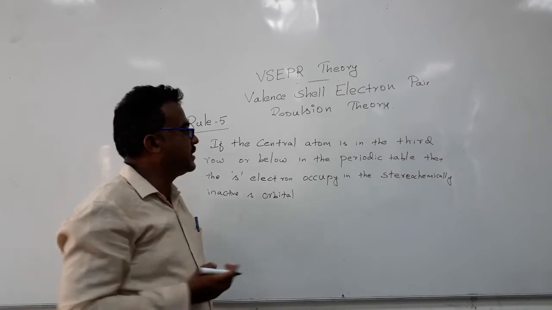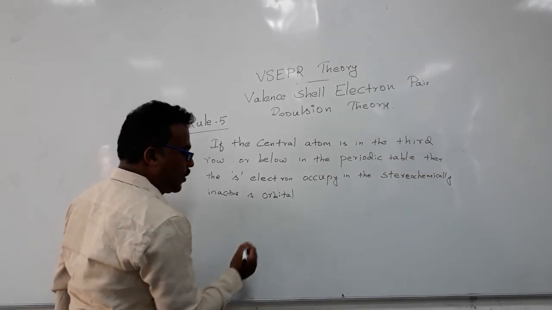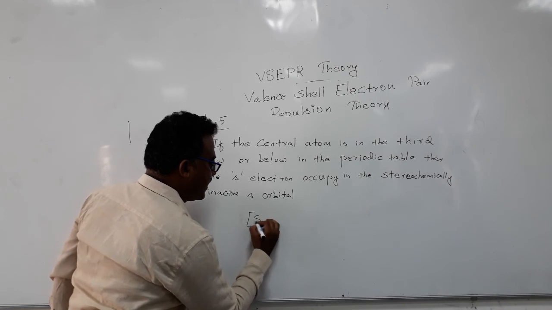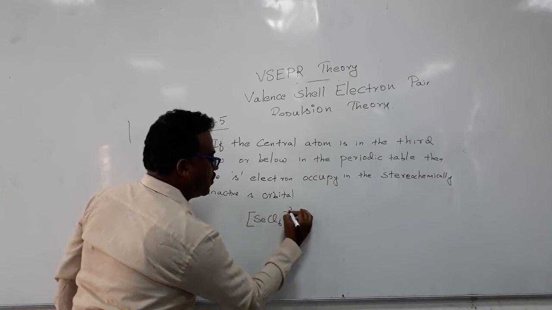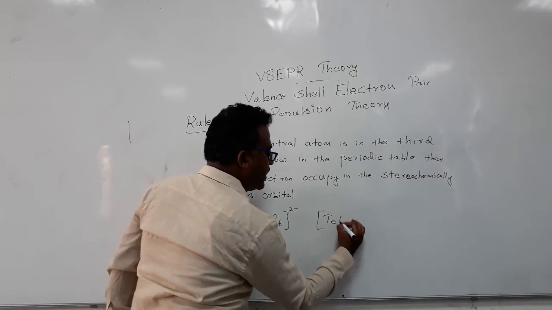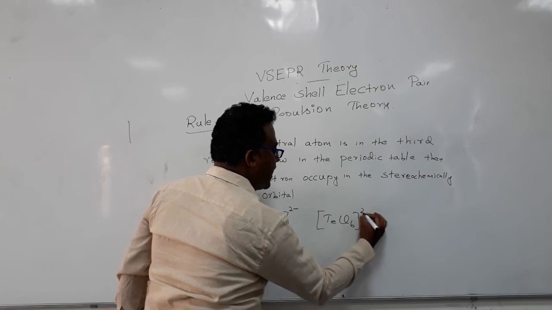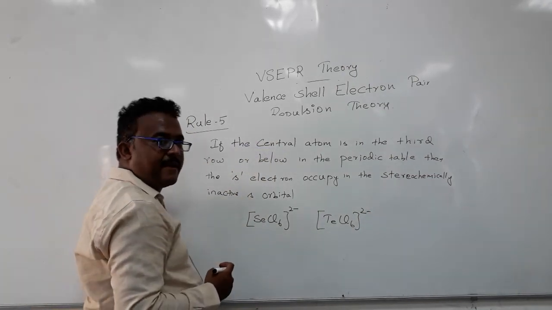degrees. The simplest example we have, you can take a molecule of SeCl6 2 minus, or you can take another molecule of TeCl6 2 minus. In both of these molecules, how many bonded pairs of electrons are there?